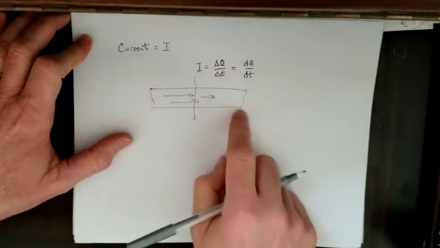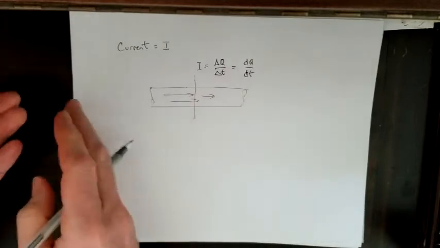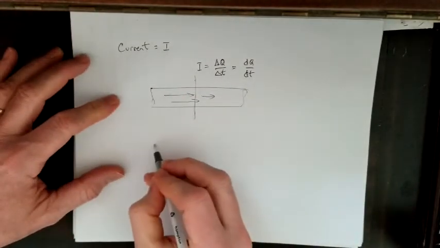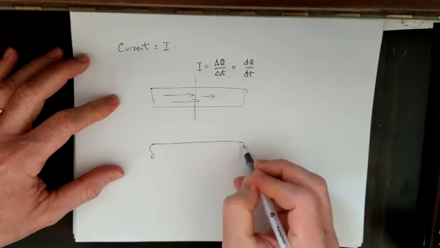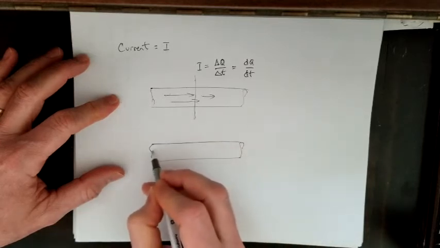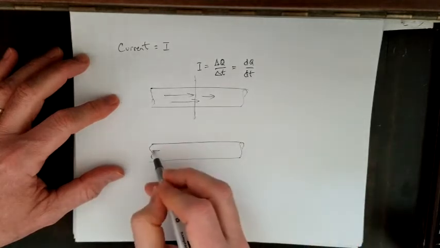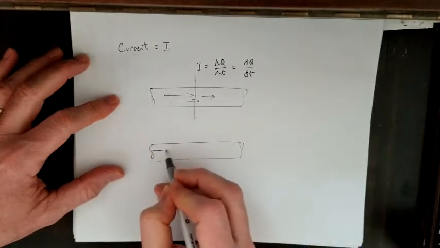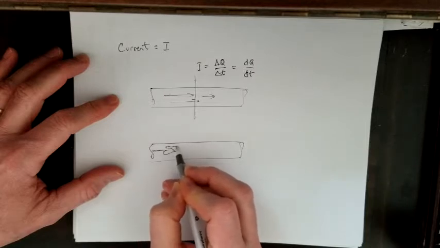Now, when an electron actually moves past here, let's just be careful. This makes it seem like charges just flow nice and smooth through there, but in reality, an electron, presumably, is going to move along and hit something, and then it's going to bounce, and then hit something else, and bounce.